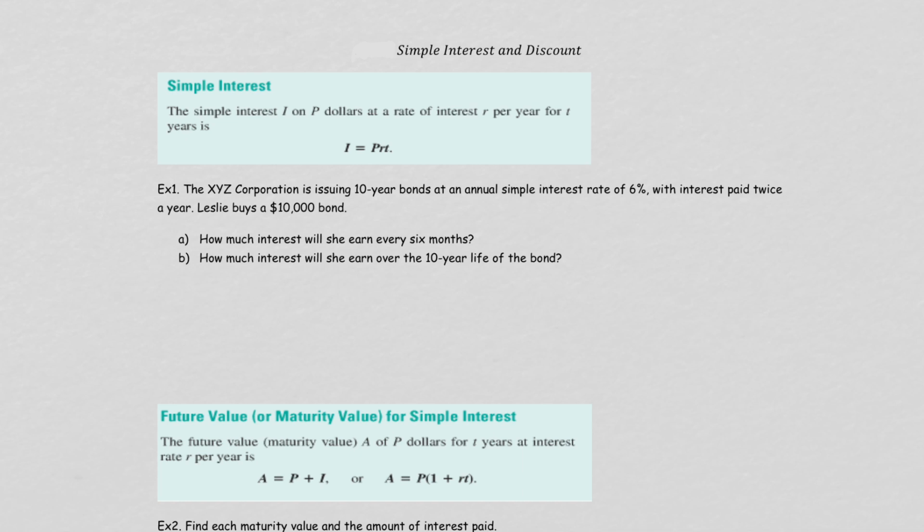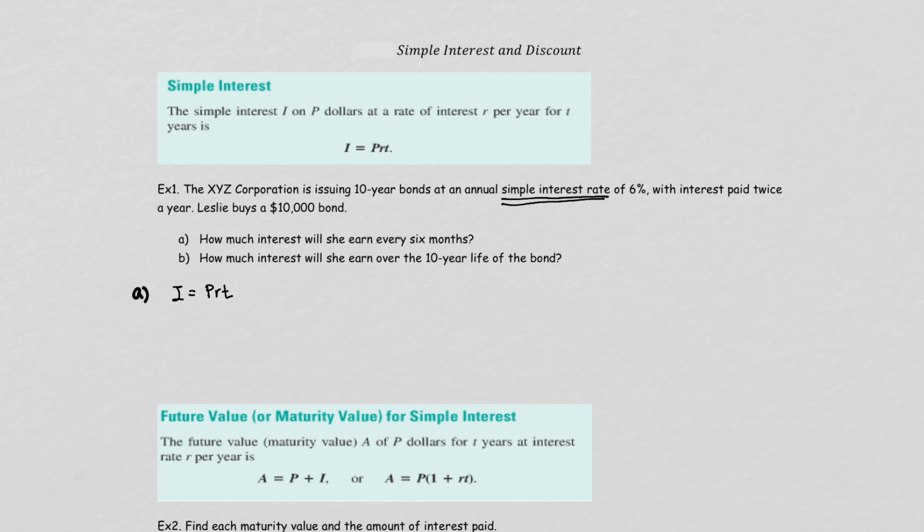So when we're doing example A, how much interest? You're going to use interest equals PRT, and we know we're using the simple interest formula because it said simple interest rate. It depends on what kind of interest rate you have; you're going to use a different formula.